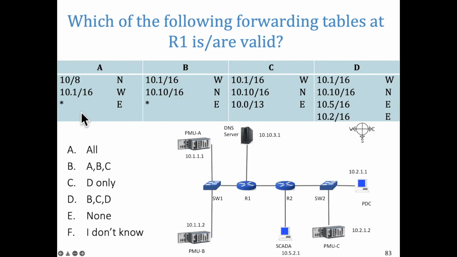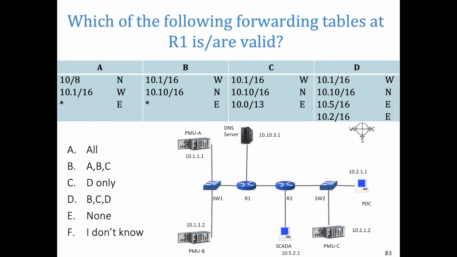That's a more sophisticated question. Maybe you need to write something down, or you can even discuss with your friends. The numbers 8 and 16: it's like saying that it is 10 dot something. 8 is the number of bits, showing the prefix.